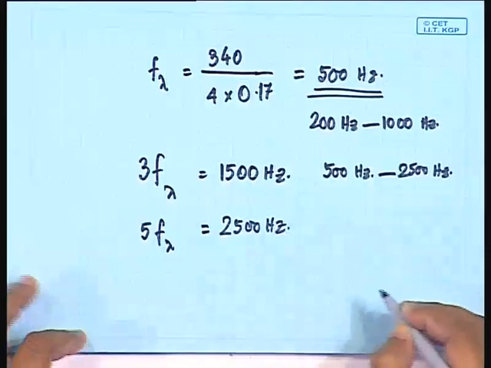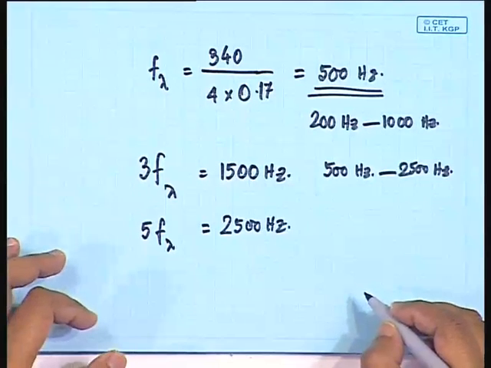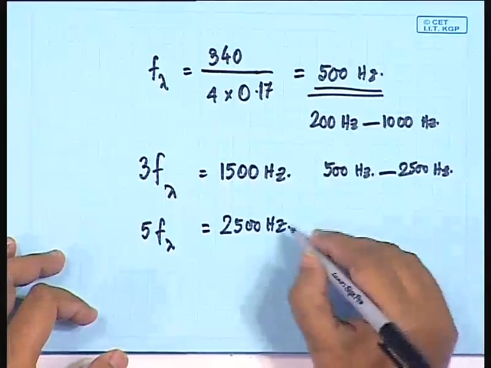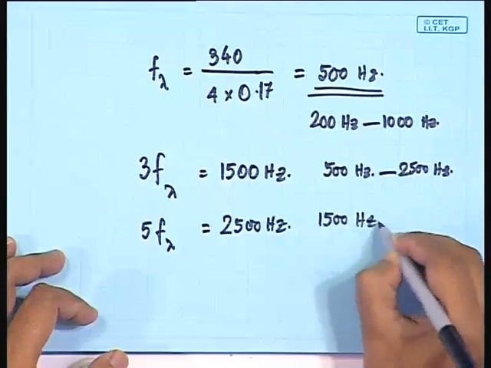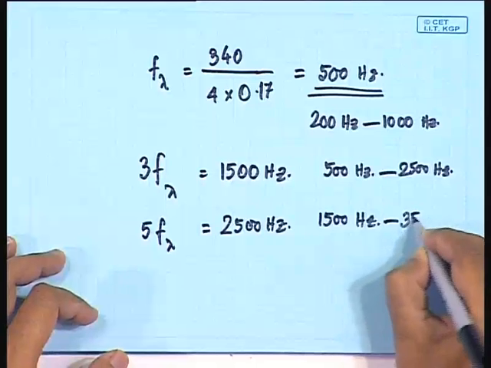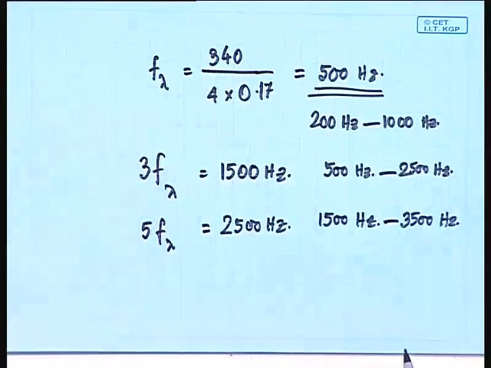But from practical point of view, we should have again a range of values, that we can say as 1500 hertz up to 3500 hertz. These are the kind of variations that is possible.